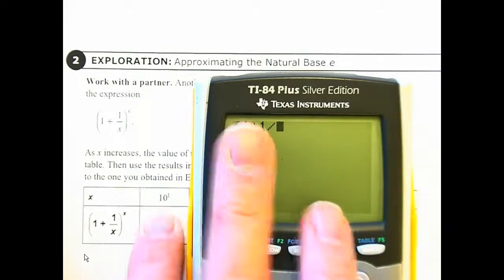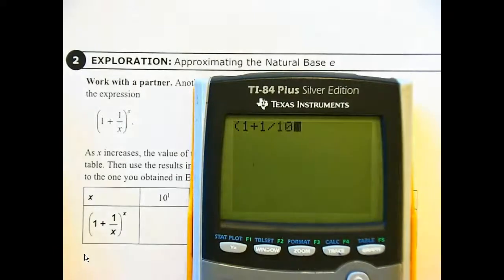In this case, x is going to be 10 to the first, and then all raised to the x power, which is 10 to the first. And we know 10 to the first is, hopefully you know it's 10, but if you didn't, you could put it in like that.